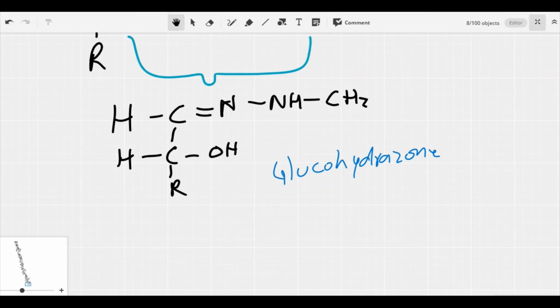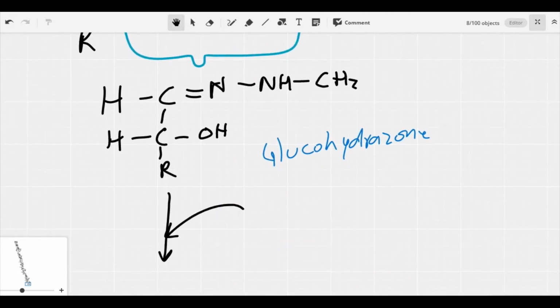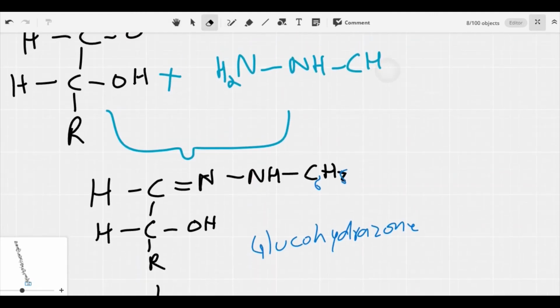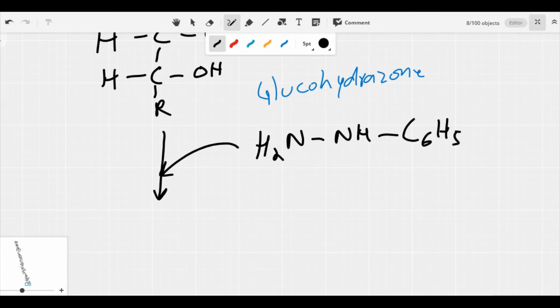Then there is the addition of more phenylhydrazine, where the phenyl group is C6H5.